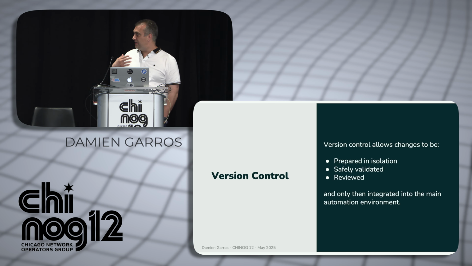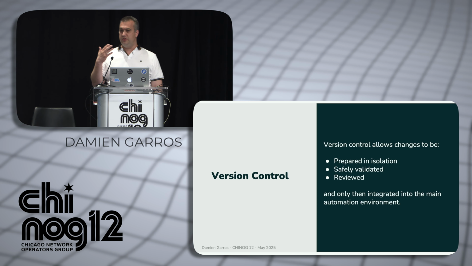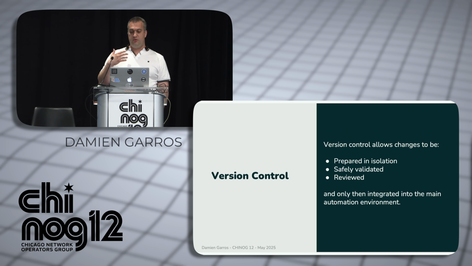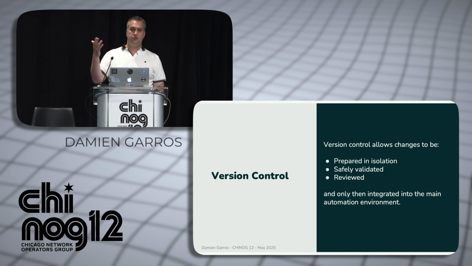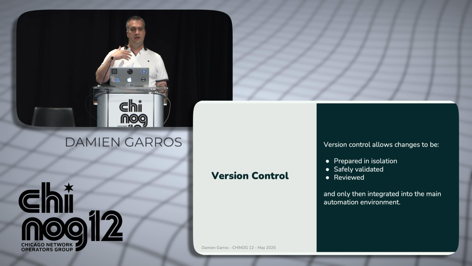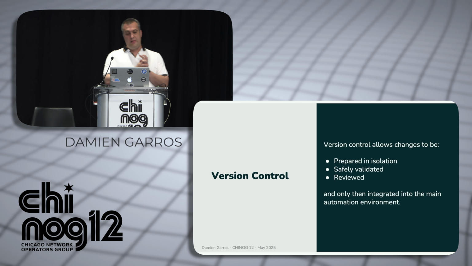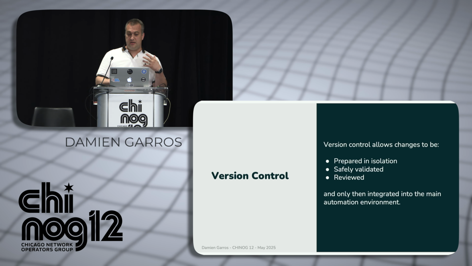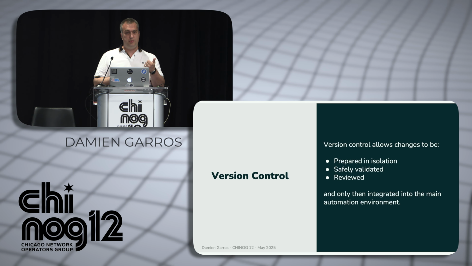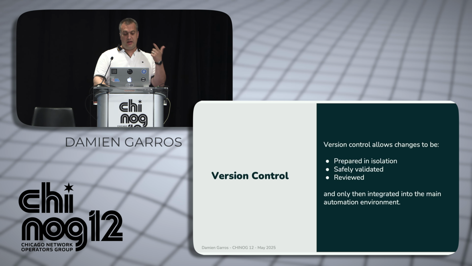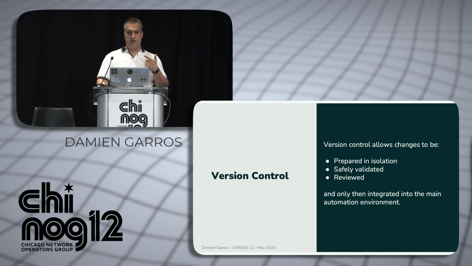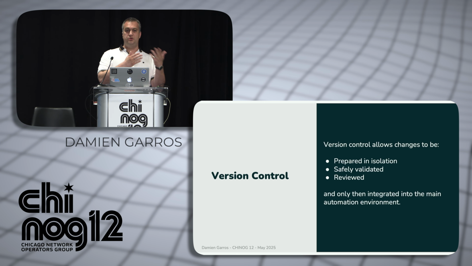The second technology I think has been really important is version control. We've seen the rise of infrastructure as code and GitOps, and in many ways, all of that brings back to this concept of version control. And version control, to me, is really this idea that a change will be prepared in isolation. It will have the ability to validate that change, and then we'll be able to review before we actually apply that.